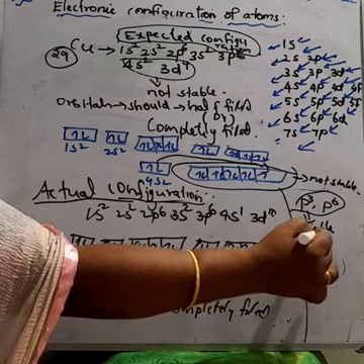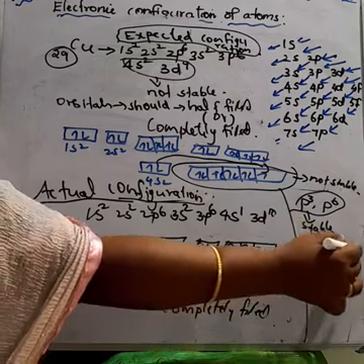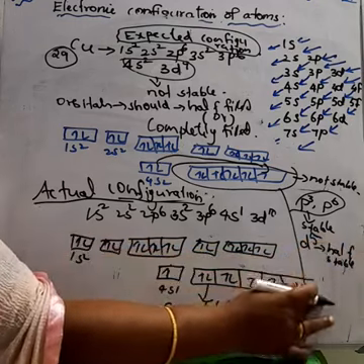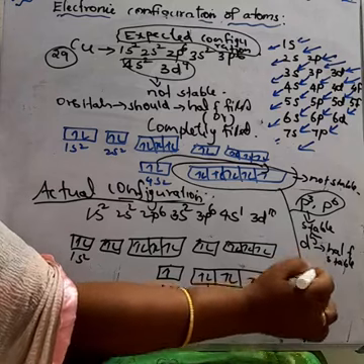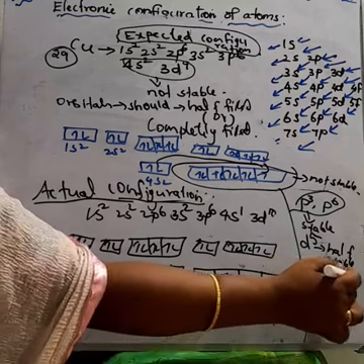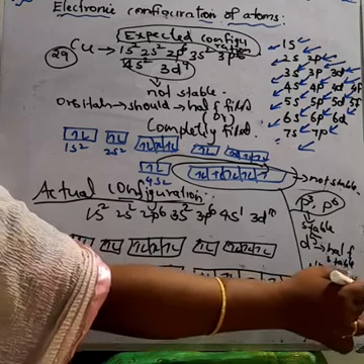For the d orbital, 5 electrons give a stable half-filled configuration, and 10 electrons give the completely filled stable configuration.